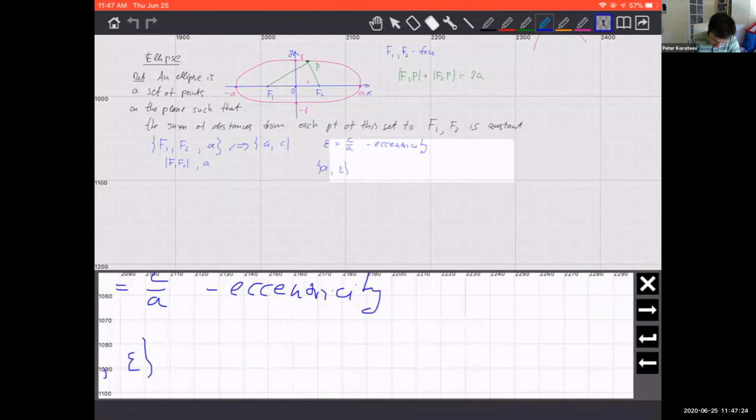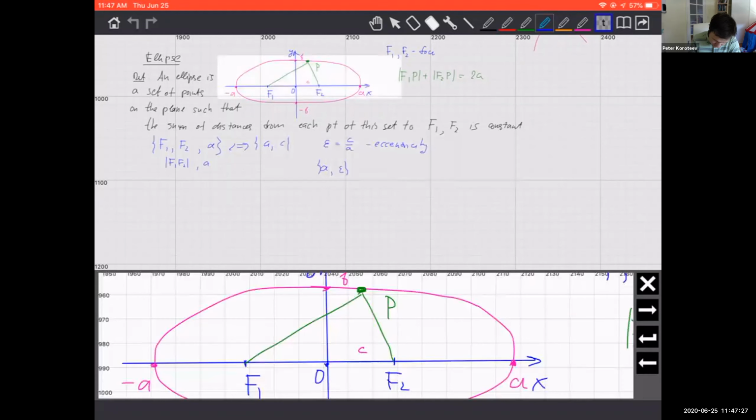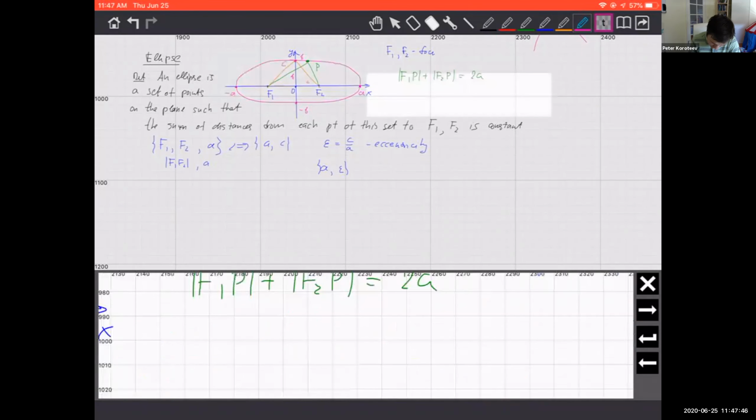So, some identities on this data. From the ellipse, you can draw it like that, right? Because this is C, this is B, and the sum of the distances, let's call this point C, F1C plus F2C is equal to 2A, right?